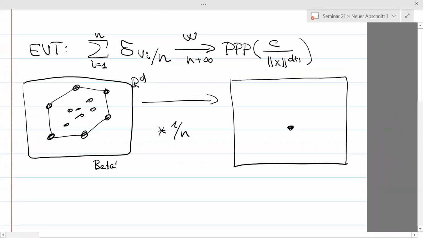The intensity has a singularity at 0, which means that the points cluster at 0. There are many of them, but the number of points outside any ball is finite. And so they have a well-defined convex hull. And this beta prime polytope, divided by n, converges to the convex hull of this Poisson process.